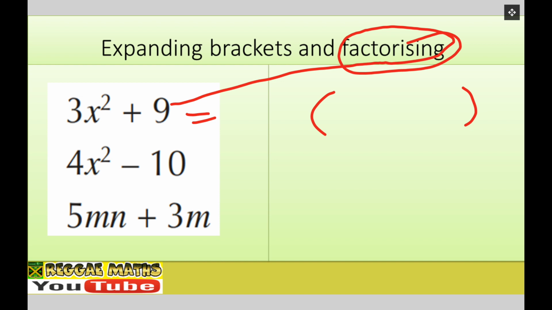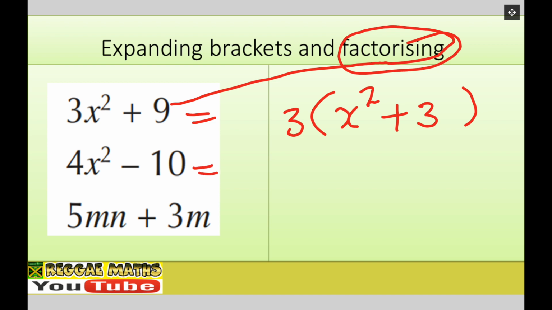So 3 can go into itself, 3 can go into 9. So 3 goes outside the bracket. Then I ask myself, what do I need to multiply by 3 to get 3x squared? That's x squared. What do I need to multiply by 3 to get 9? That's 3. So the answer is 3 bracket x squared plus 3.